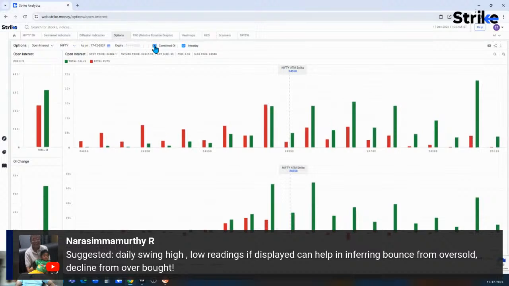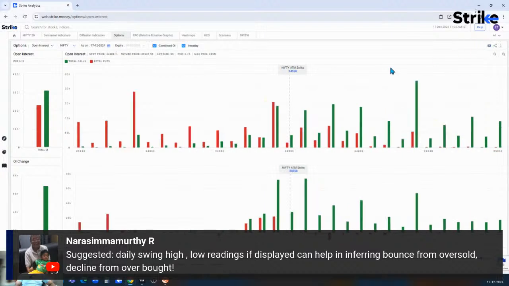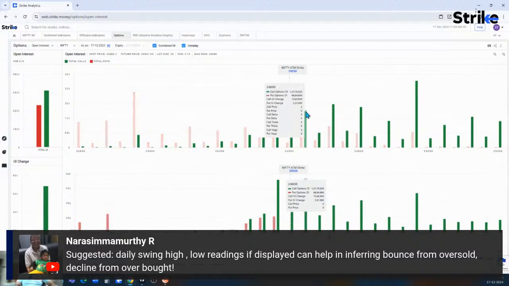We'll look at the combined open interest data always, and for the 17th expiry. As on 17th expiry, we are looking at combined OI, so not to worry. What we can see is that today 24,600 is where we saw the highest open interest built up.